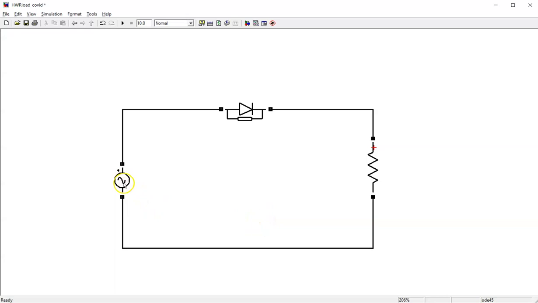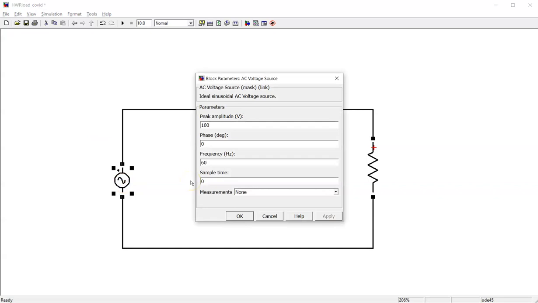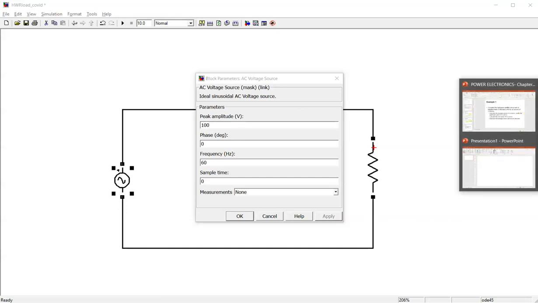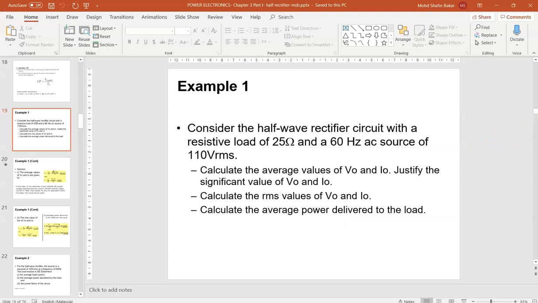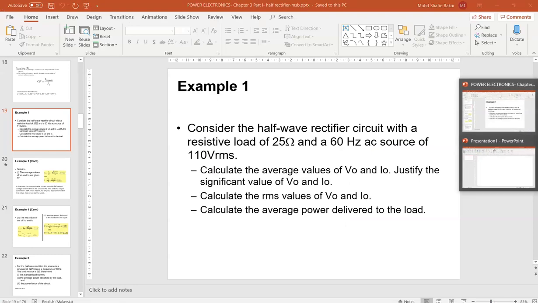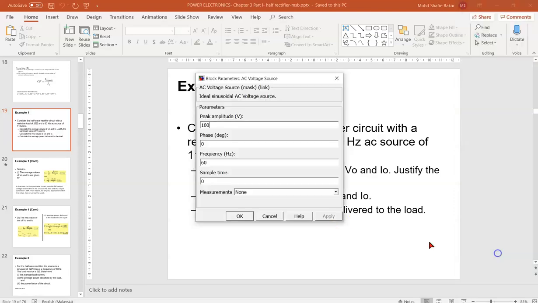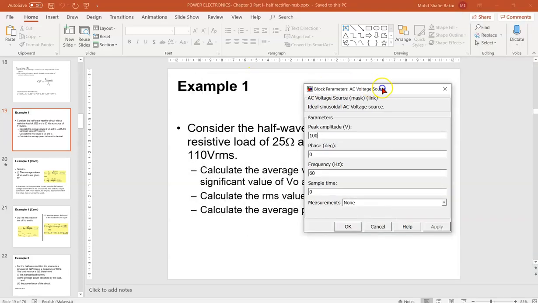Now we go to the first part of the setting by clicking the block parameters of the AC voltage source. This is the default setting: the peak amplitude, phase, the frequency and the sample time. The question provides 110 volt RMS, but the value at the block parameters is 110.